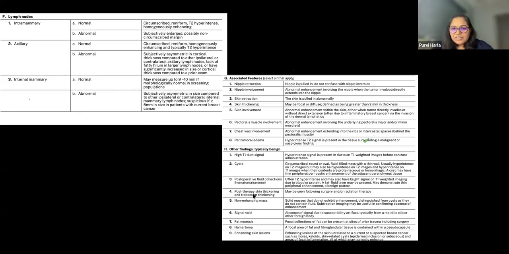Other features that need to be mentioned in the report are cysts or anything else. Whenever you see a T2 bright, non-enhancing cystic area, you can directly write cyst. You need not write it as an oval lesion showing this kind of enhancement or curve.